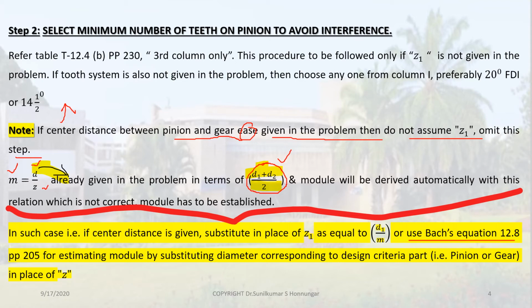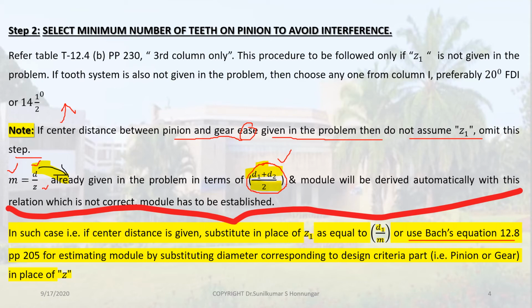You have to use equation 12.8, page number 205, to estimate the module. In that, module equals 0.88 into the cube root of, I think that equation I have given in the next step. There you will come to know that it is Mt divided by k2 k into z. The Mt is the torque, k2 is the strength coefficient factor, and small k is the width factor, that is b by m.